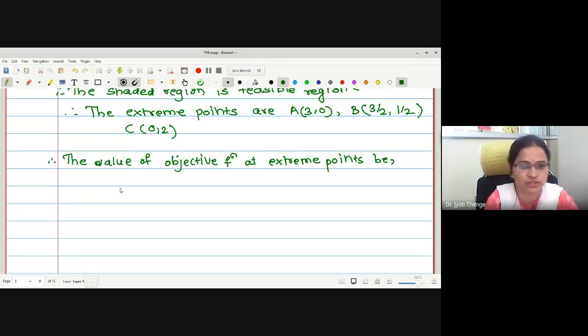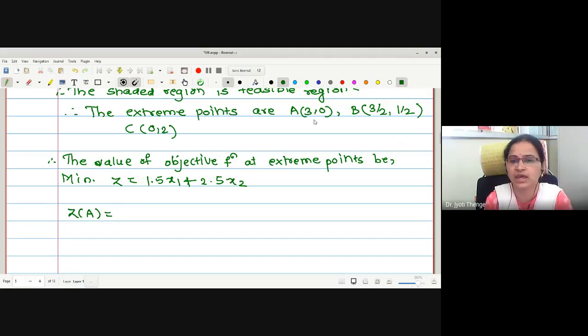Z, what is given to us? Minimize z equal to 1.5 x1 plus 2.5 x2. What is z at A? A is having coordinate 3, 0. Therefore, this is 1.5 into 3 plus 2.5 into 0. Therefore, the value is 4.5.